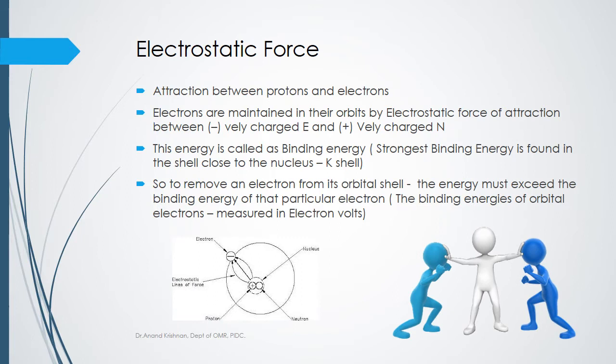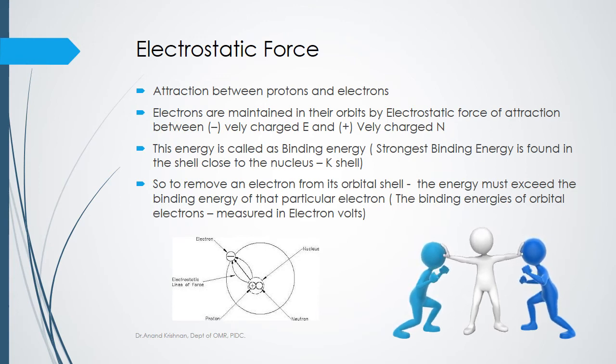We saw a little bit about proton and neutron, and we said that the electron keeps revolving around the nucleus. And how does that happen? There exists an electrostatic force, that is, there is an attraction. At the same time there is also a kind of repulsion. There is both attraction and repulsion that enables the electrons to levitate and keep revolving around the orbit.